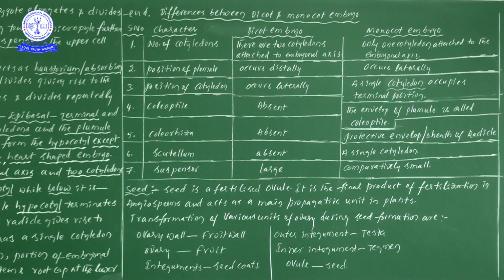For example, in an apple, the edible part is developed from the thalamus. The true fruit also will be there, but that true fruit will be within the false fruit.